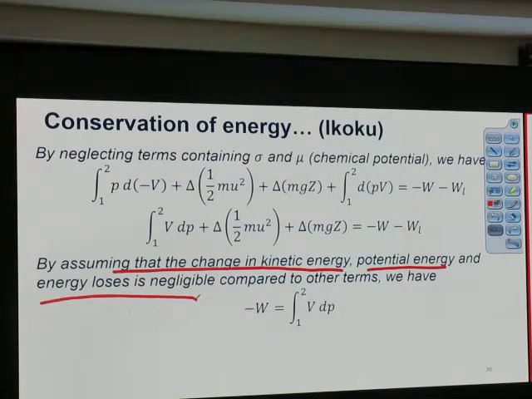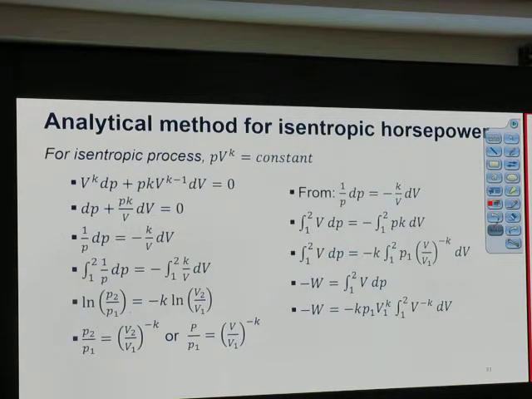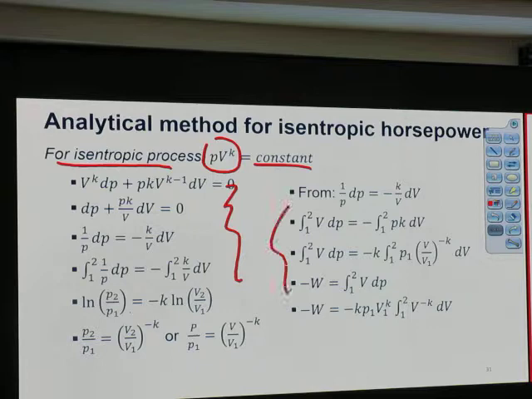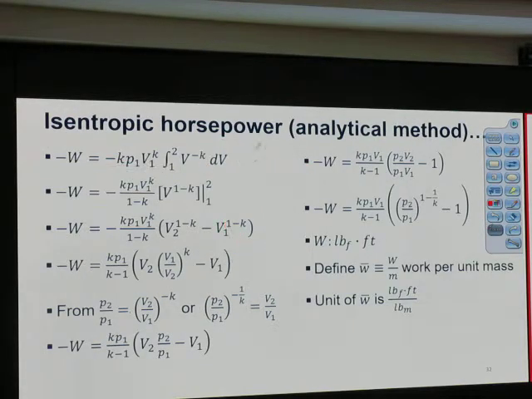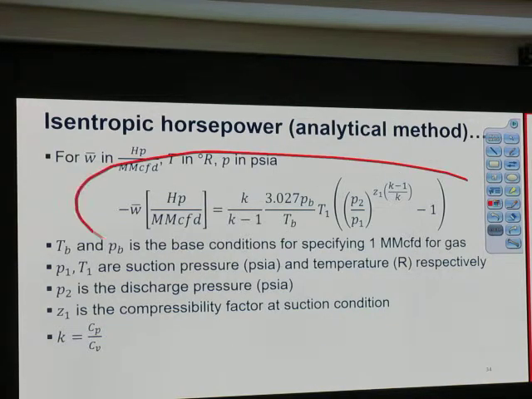You see energy loss, Joe? The deceleration, the movement in the turn, everything, they neglect all that, okay? So when they neglect the change in kinetic energy and potential energy, they come up with this equation and do the isentropic process, PV to the power of K equal to constant, do a lot more math, and more math, then we get that.